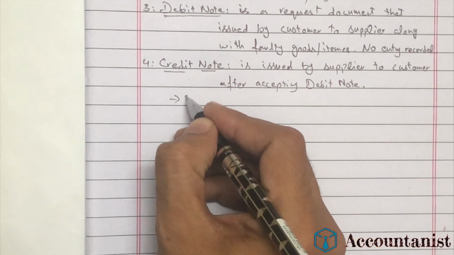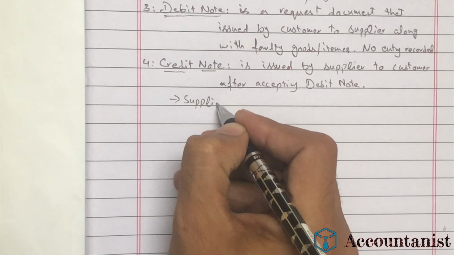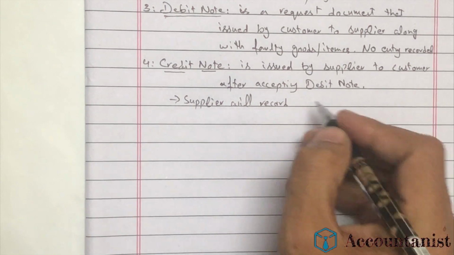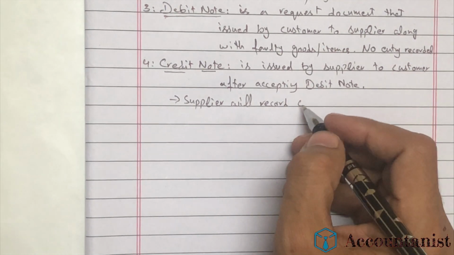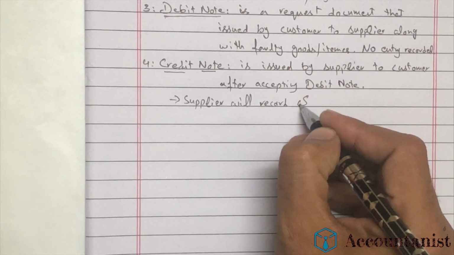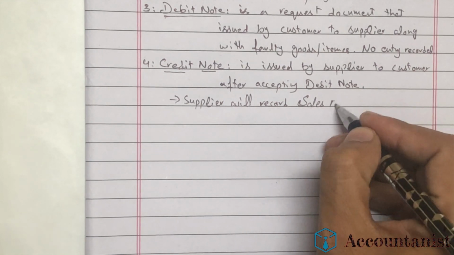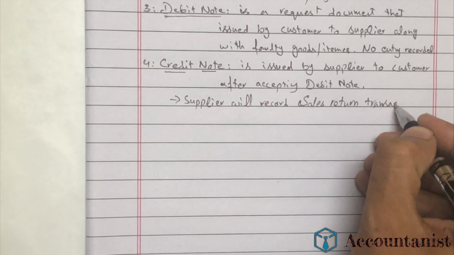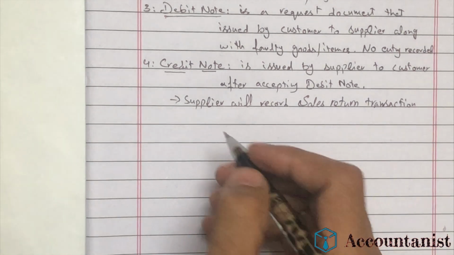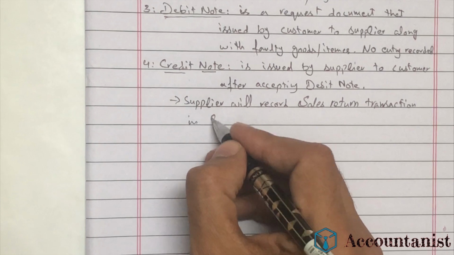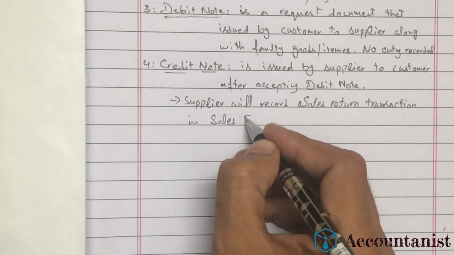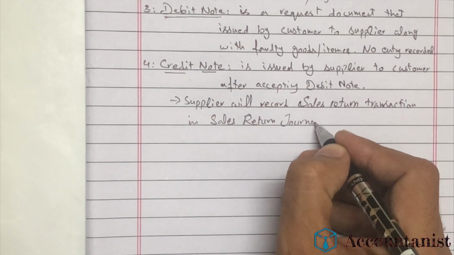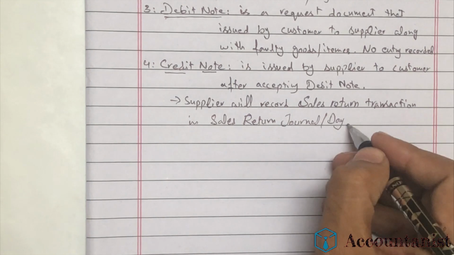So the supplier will record credit sales return entries, so they will record the sales return transaction in the sales return journal or daybook.